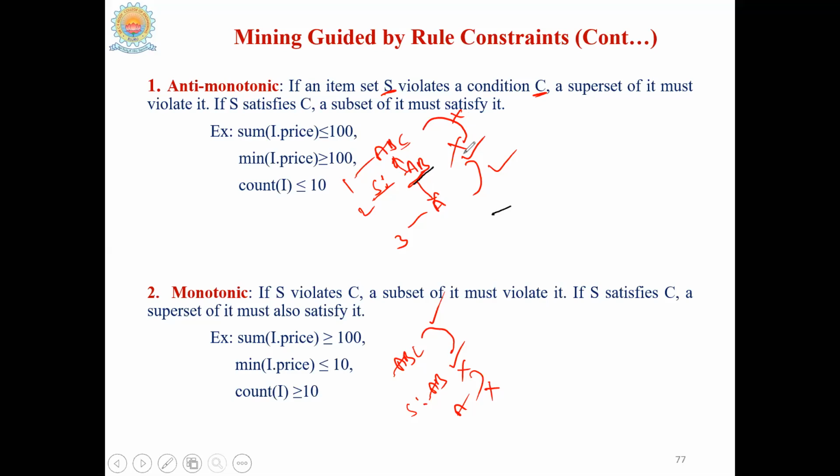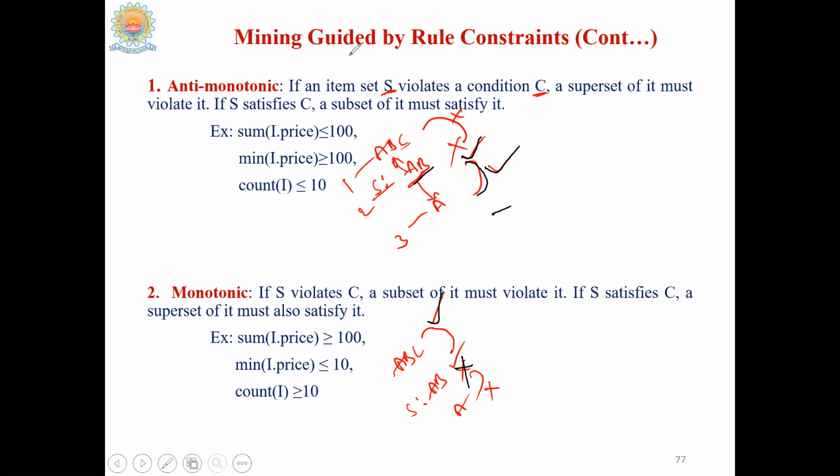If an item set satisfies the condition, then its subset also satisfies the condition. That is the anti-monotone property. Coming to the monotone property, if an item set satisfies the condition, then its superset also satisfies the condition. If an item set does not satisfy the condition, its subset also does not obey the condition. That is the monotone property.